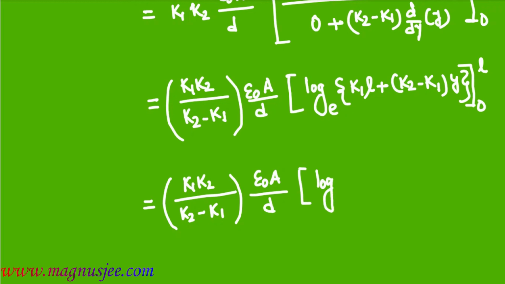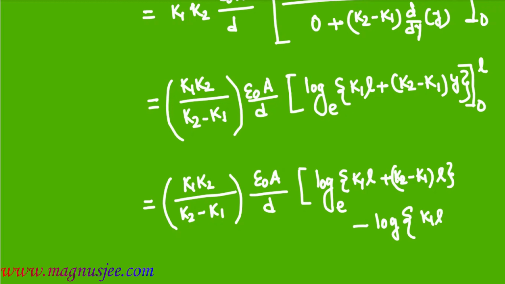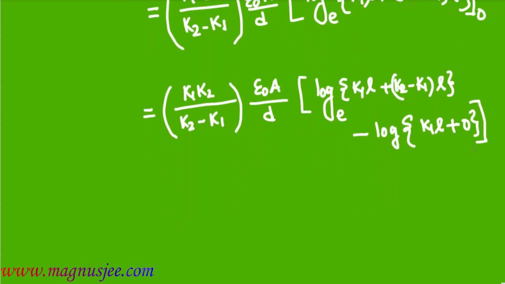Putting the value of y as l, that is the upper limit, log base e of (k1 l plus (k2 minus k1) into l). In place of y, we can put l. Putting the value of y as 0, then we get only k1 l, log base e of (k1 l plus 0).